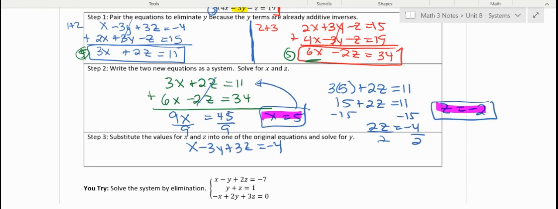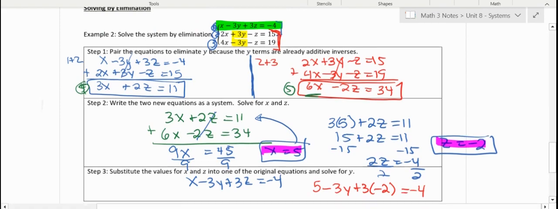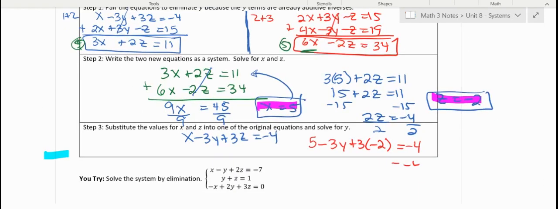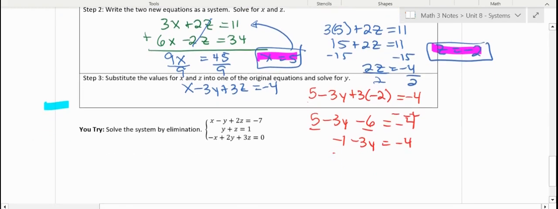So we have here 5 minus 3y plus 3 times negative 2 is negative 4. So once we substitute in, we'll get 5 minus 3y minus 6 equals negative 4. That'll be negative 1 minus 3y equals negative 4. And then we'll solve it out.